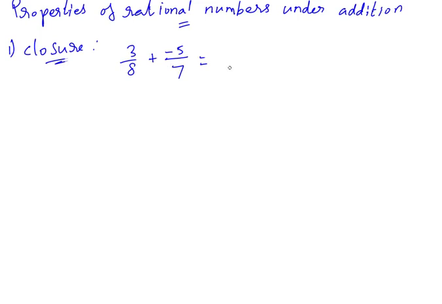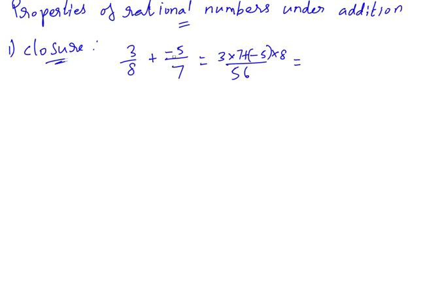There is no common factor, so the LCM is 56. So, 3 into 7 plus minus 5 into 8, because 8 7s are 56.